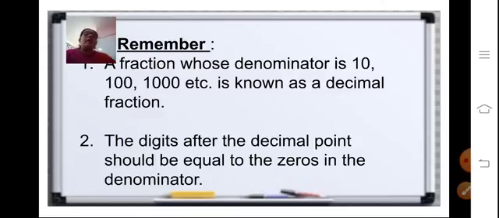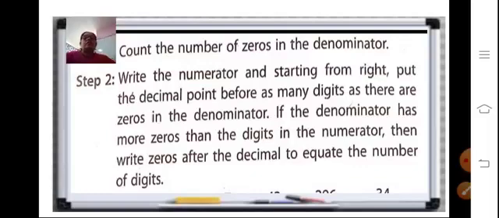Now, while converting, we have to keep certain points in mind. The first thing is to count the number of zeros in the denominator. The second step is, write the numerator and, starting from the right, put the decimal point before as many digits as there are zeros in the denominator.